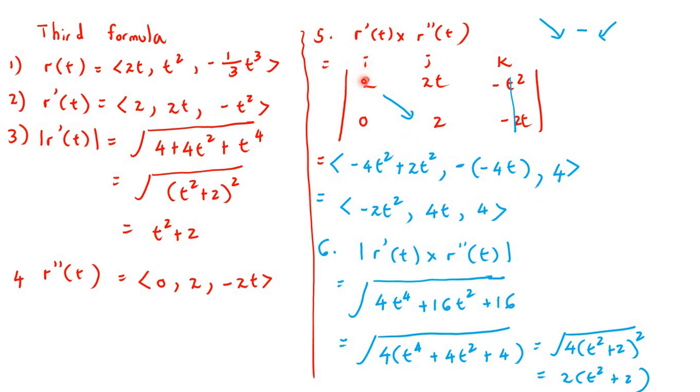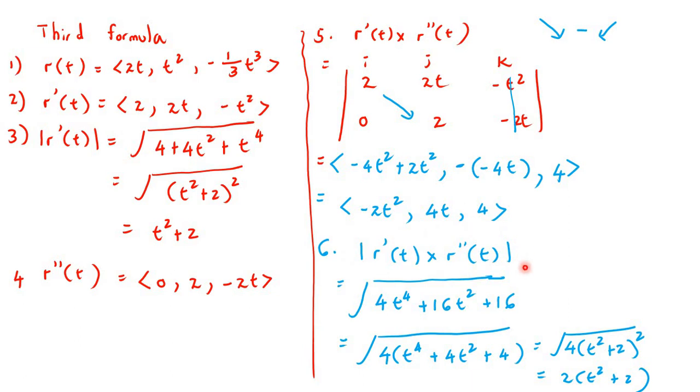For example, for component i, you close it, and then you are left with a determinant of 2 by 2. You use the product of the main diagonal minus the other diagonal. For component j it is negative, because you have 2 by negative 2t, negative 4t minus 0 times 2. So you get the cross product.